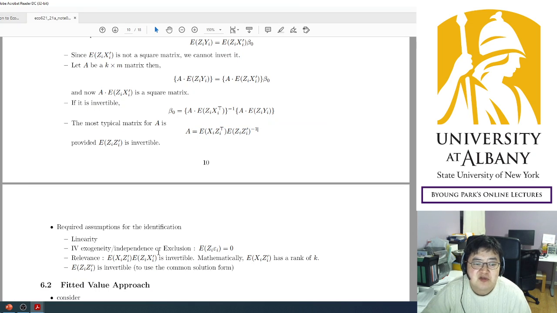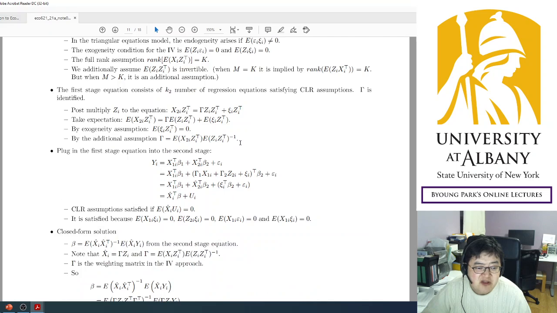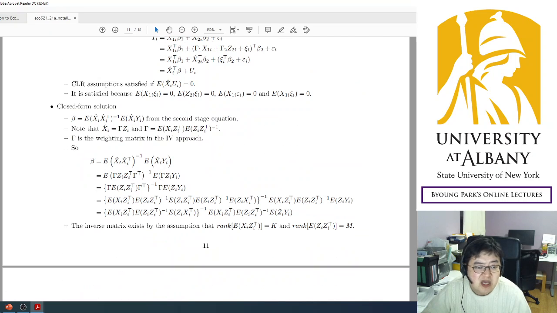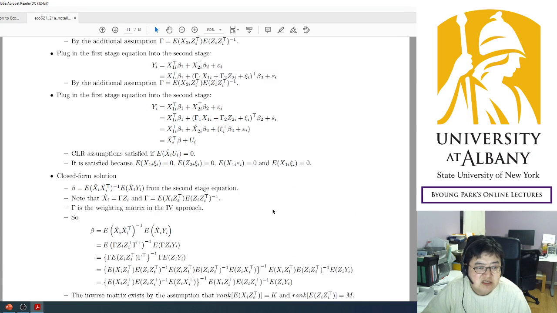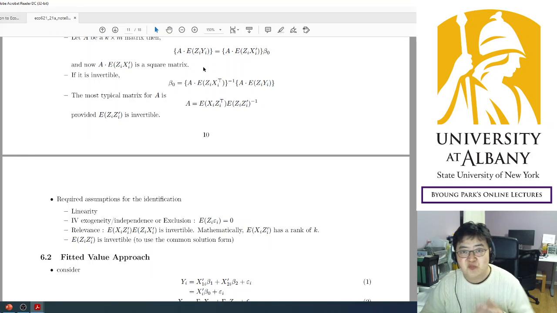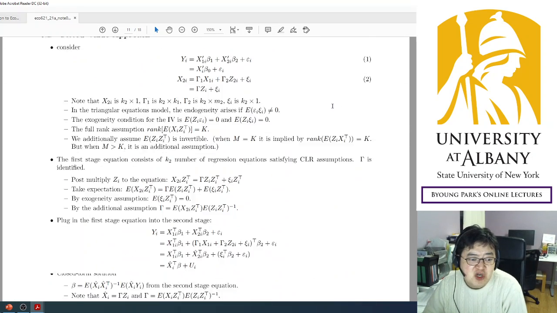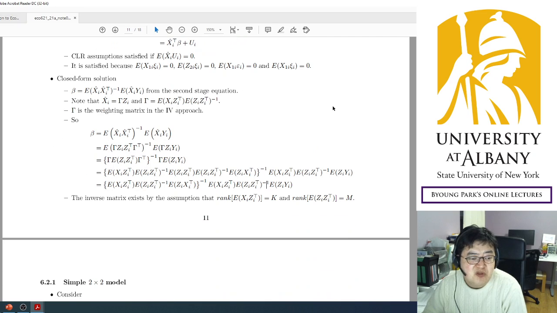The assumptions are consistent with what we use for the fitted value approach. In the fitted value approach, you get that matrix, and the solution is exactly what you got here. If you look at the algebra carefully, you should be able to see what the two different approaches share.